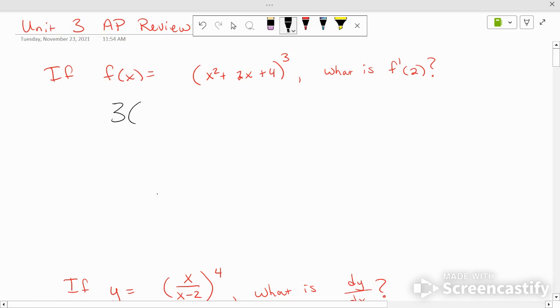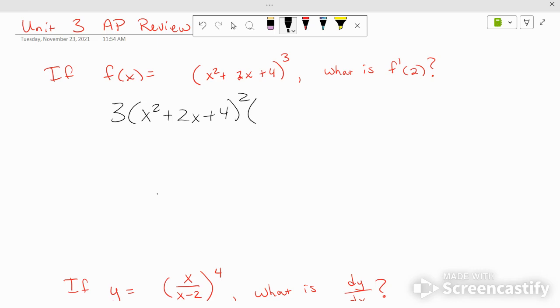3 parentheses x squared plus 2x plus 4 squared. Is that it? No. Times the first derivative of the inside, which is 2x plus 2. Now, what does it say here?